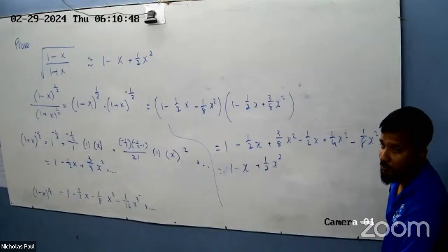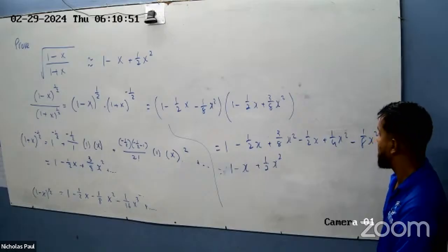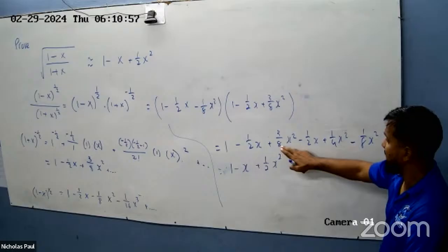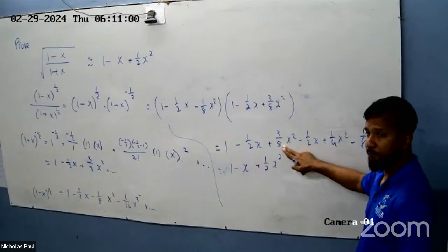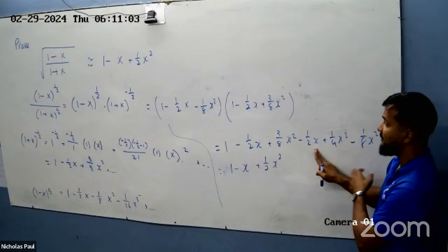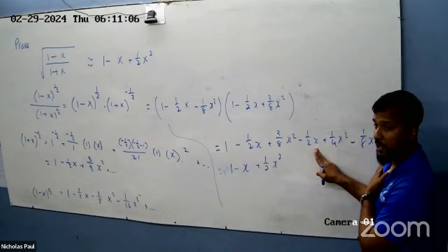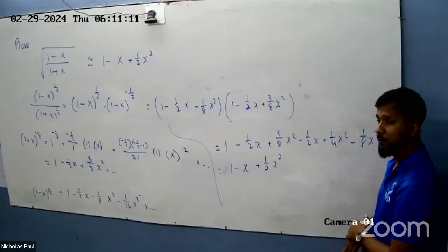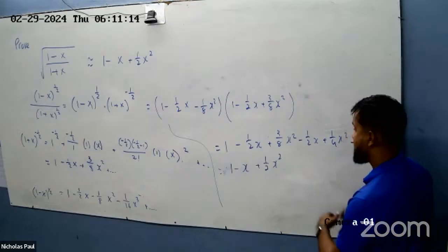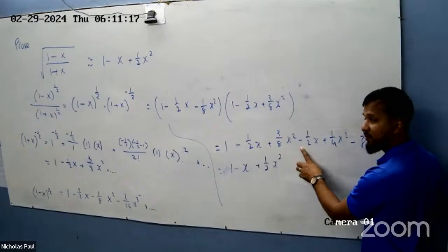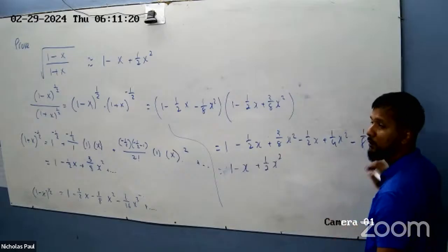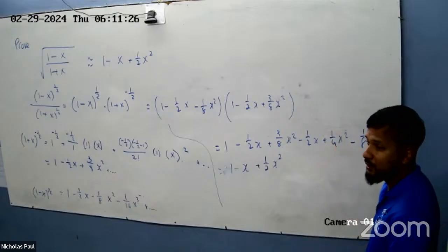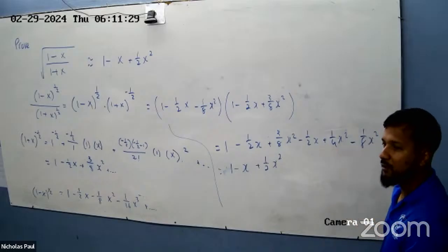Where were you lost? Pardon me? This is 3/8, right? And this should be positive. That's what you're asking? Minus a half, minus a half. Use the calculator. A half plus a half is how much? A half plus a half is a plus.